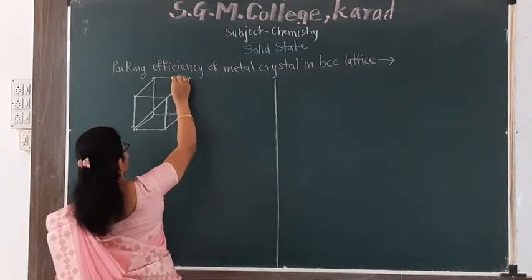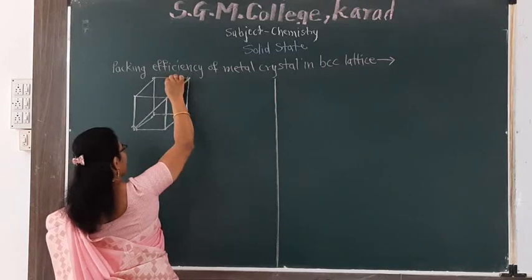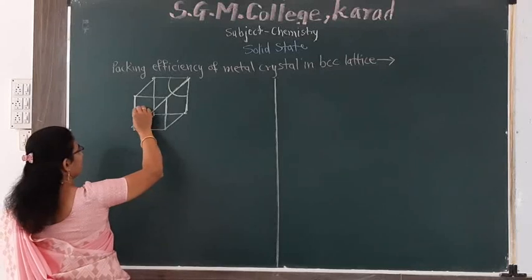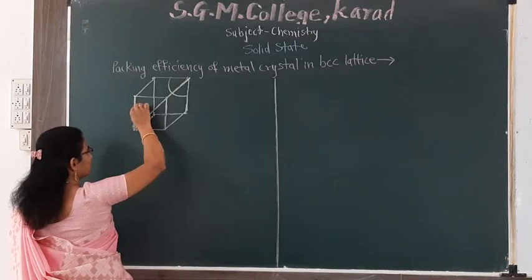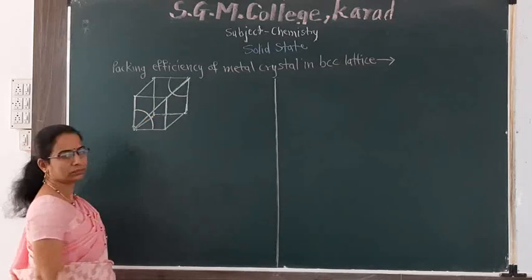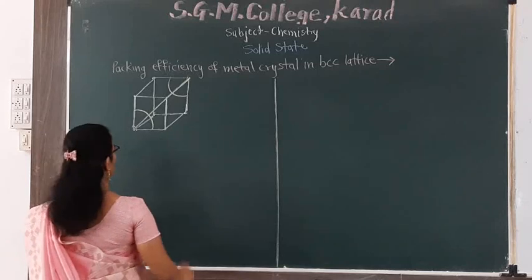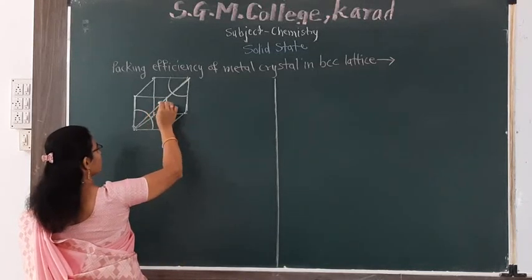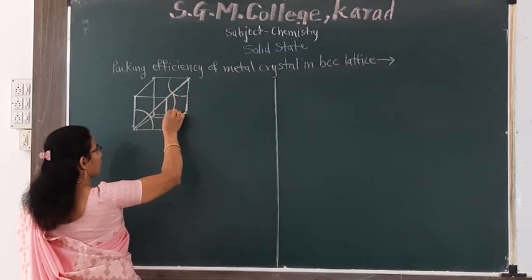Suppose at this corner the particle is shown in this manner. Then the another corner particle will be shown here. Now I will show the particle at the center of the body, and that particle is touching these 2 particles.